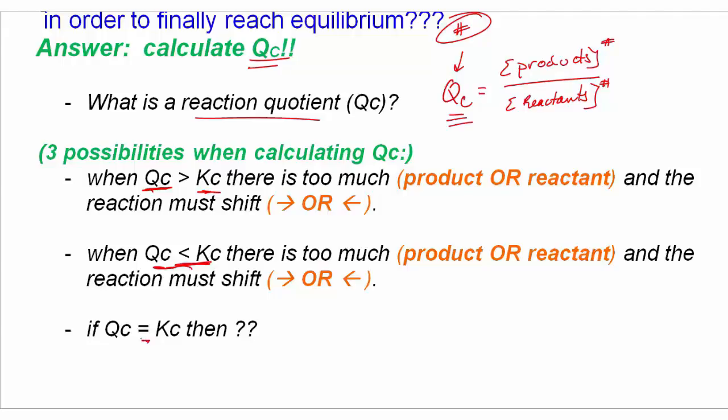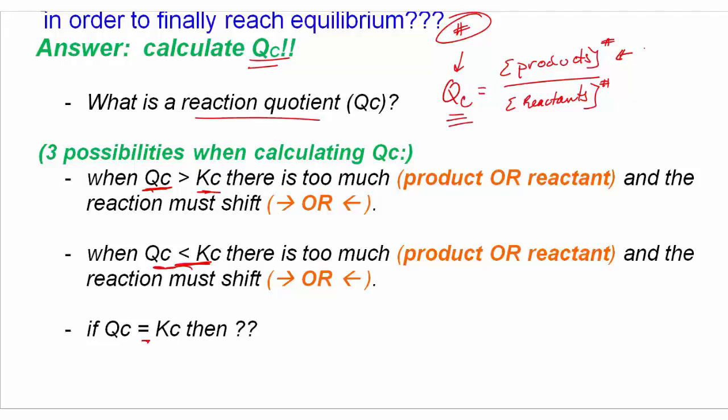So let's take a look at the first scenario. This reaction quotient, we calculate products over reactants. It's too big. It's much bigger than Kc. That means there's too much product, because our number is too big, right? And Kc and Qc, they're both products over reactants.